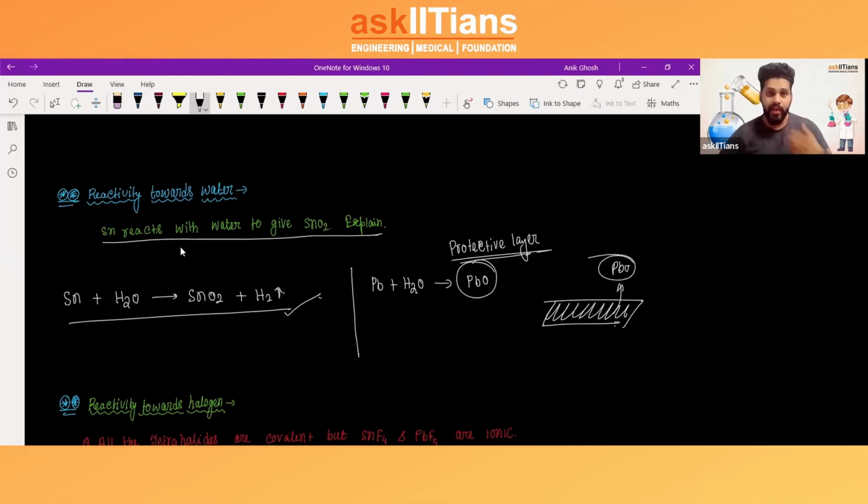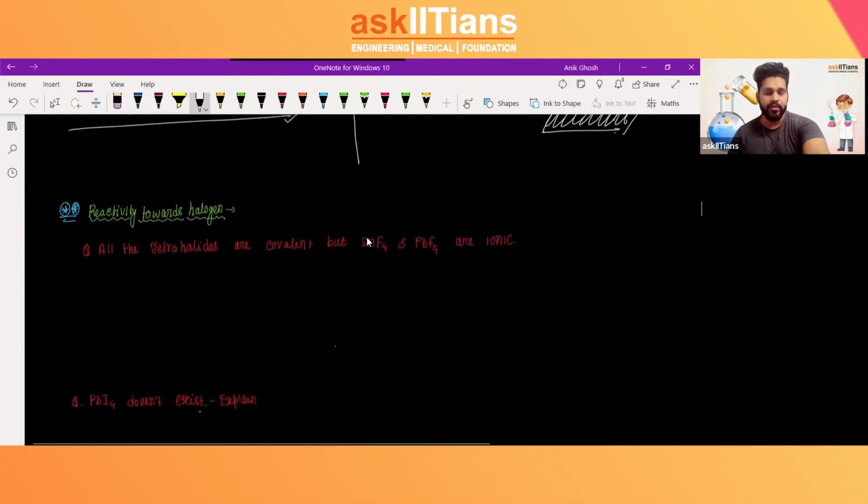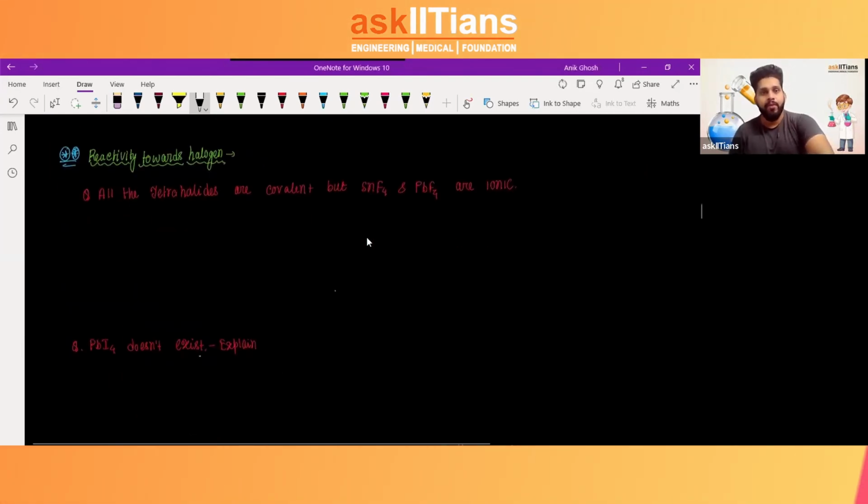Because of that protective layer, the rest of the metal is not in contact with the water anymore. So as a result, it seems like it's not reacting. But lead is capable of reacting; due to the formation of the protective layer, it cannot. Now, reactivity towards halogen.